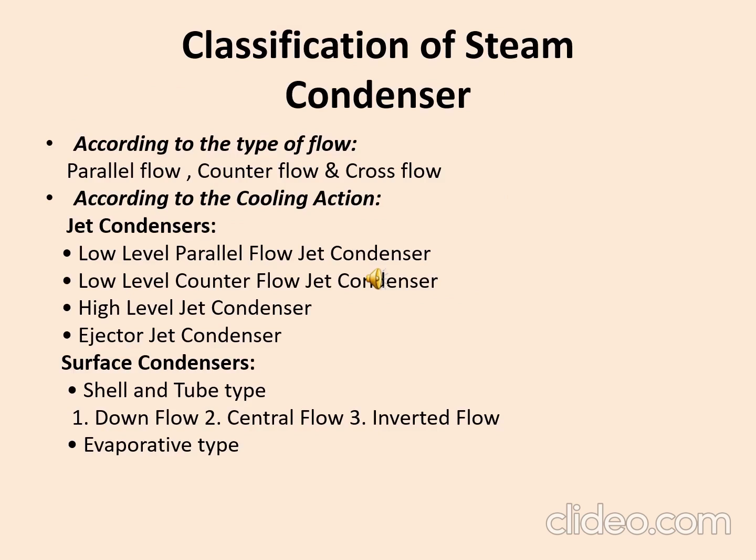Surface condensers are of two types: shell and tube type and evaporative type. In shell and tube type, there are three types: downflow surface condenser, central flow surface condenser, and inverted flow surface condenser.